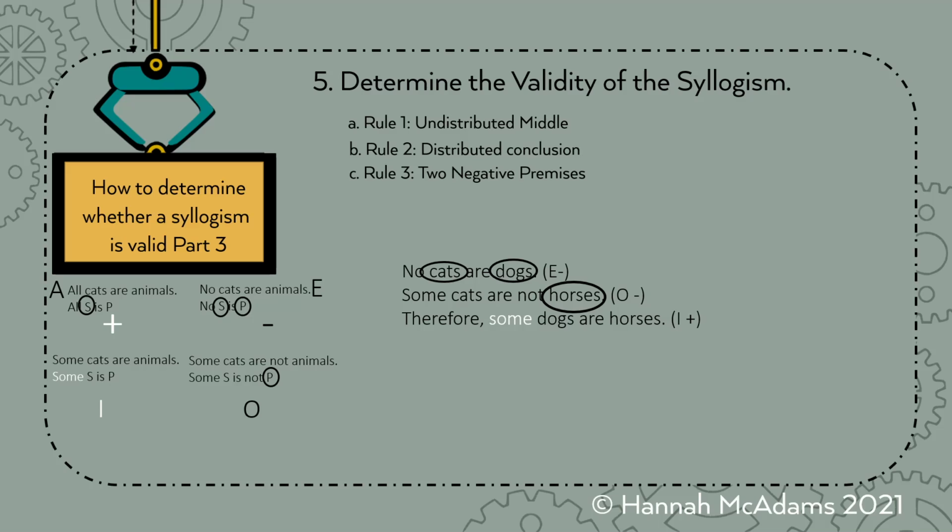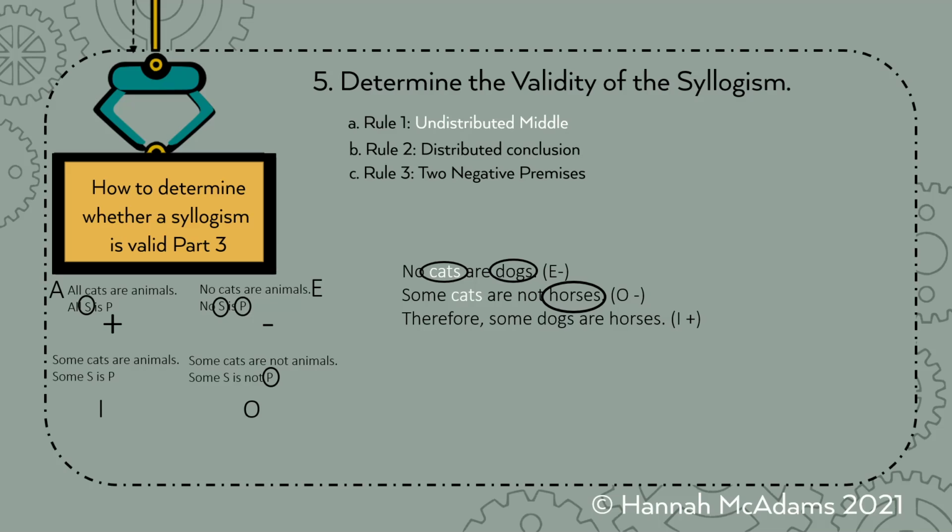So we're going to go quickly over rule 1, undistributed middle. The middle term is the term that is in both premises, but not in the conclusion. In the first two statements, no cats are dogs and some cats are not horses, what did I say twice? Cats. One of those two needs to be circled, at least one, and one is circled.